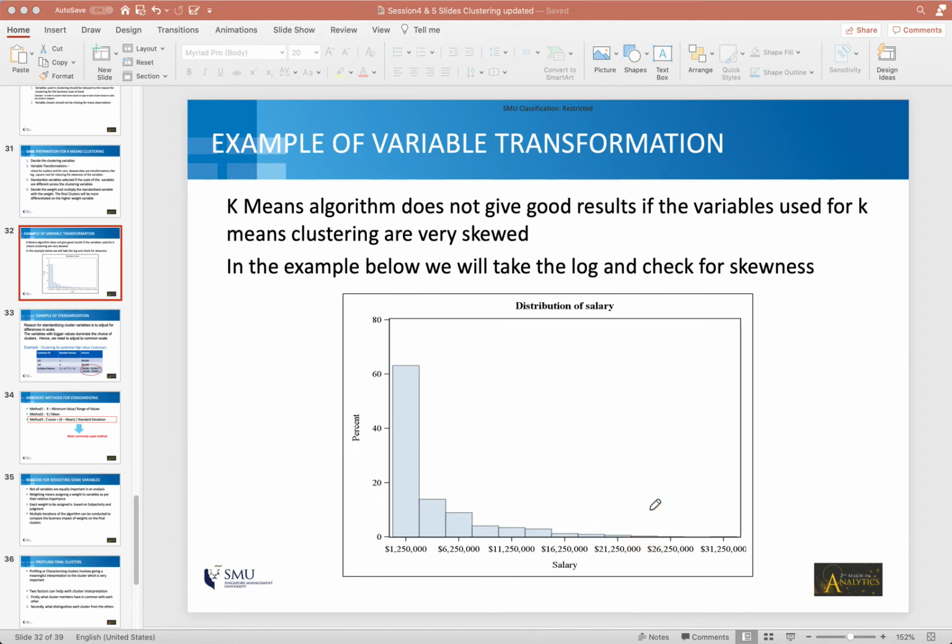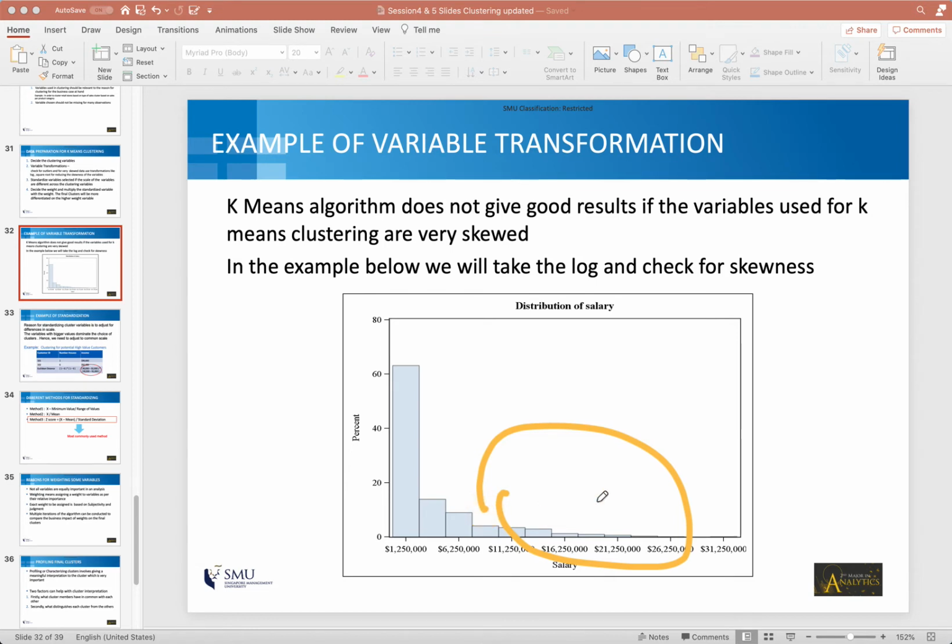So it has a long tail on the positive side of the distribution. So what this means is that if you were to use such a column for K-means clustering without making changes to the distribution, you see that there are quite a few outliers in this part of the curve.